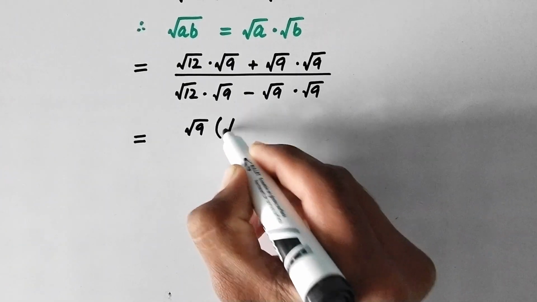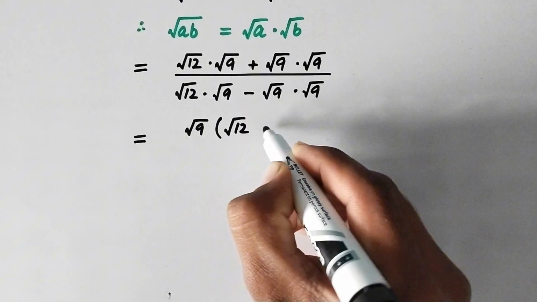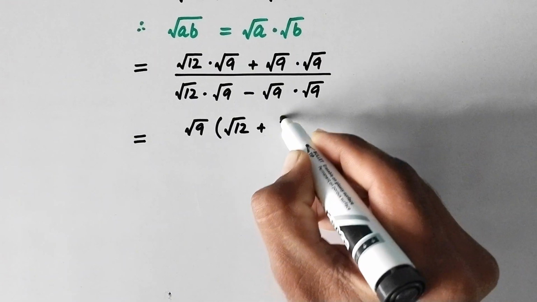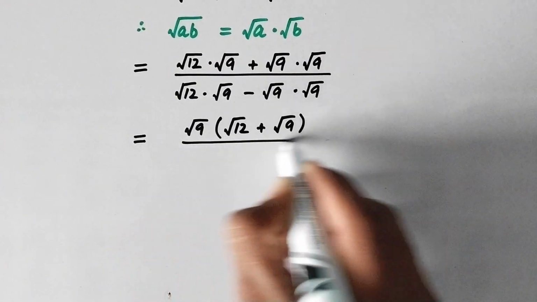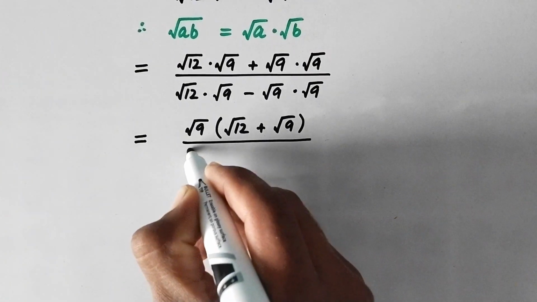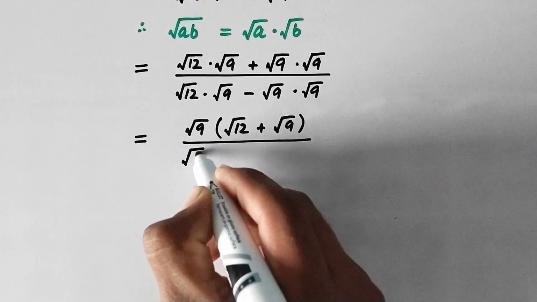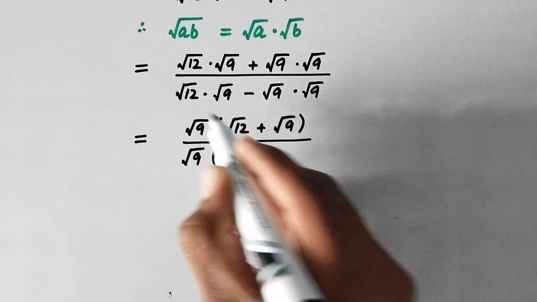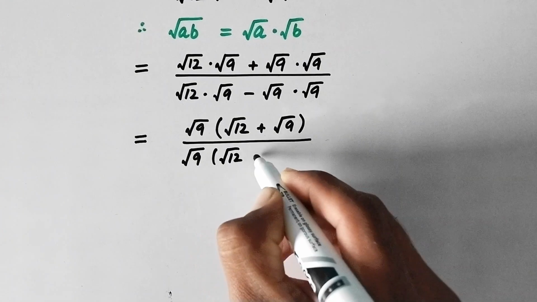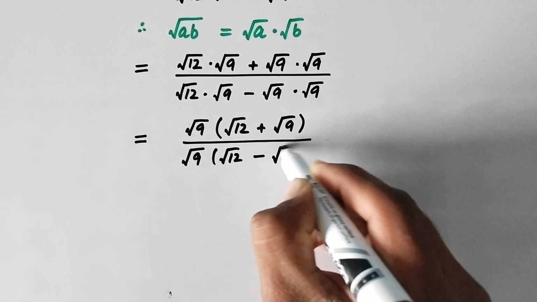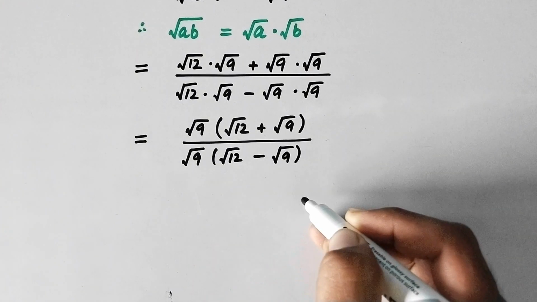So here will be square root of 12 plus square root of 9, divided by square root of 9 as common, so here will be square root of 12 minus square root of 9.